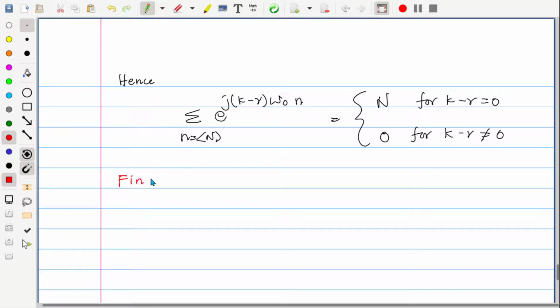Thus we have our actual equation, summation n within the range capital N x of n into e power minus j r omega 0 n is equal to a r into n for k equal to r.